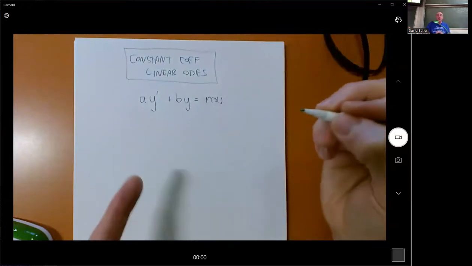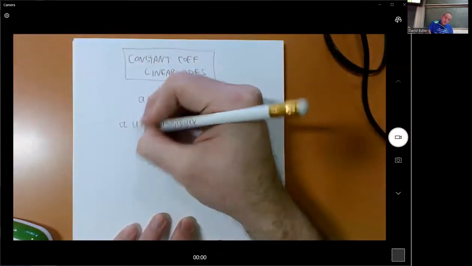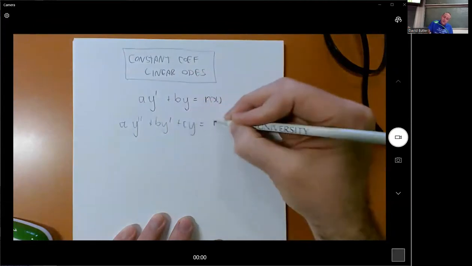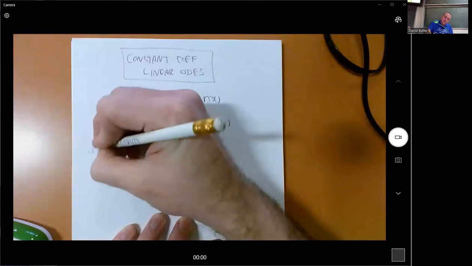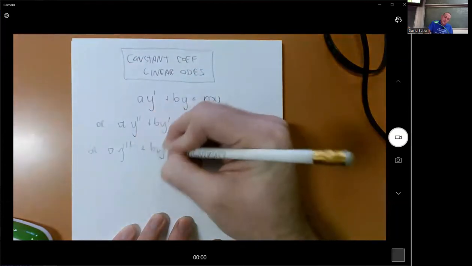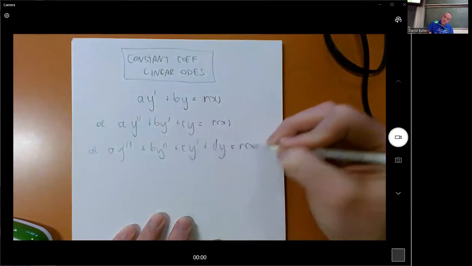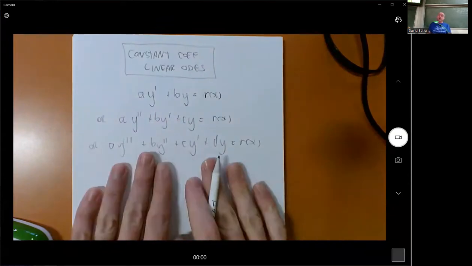That's a first order constant coefficient linear ODE, or you could have ay double dash plus by dash plus cy equals r(x), or ay triple dash. That's the sort of thing we're talking about. I'm putting them all together in one category here.